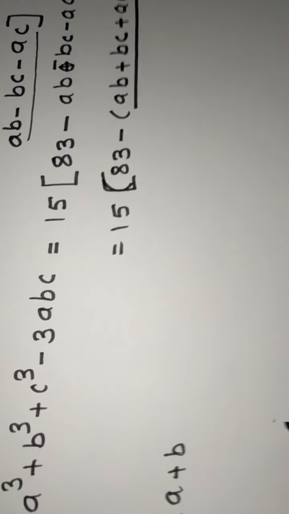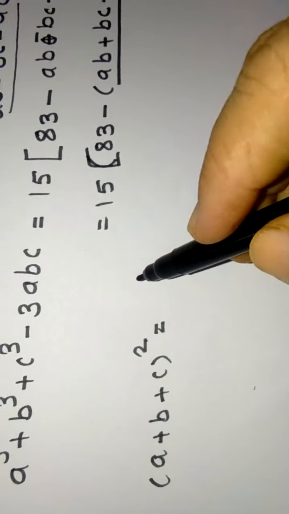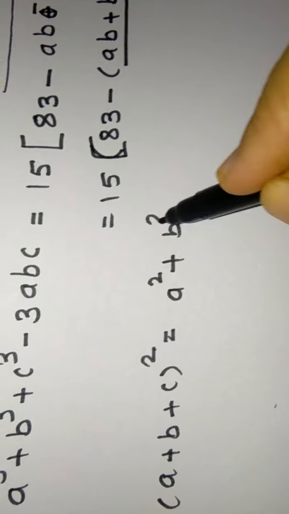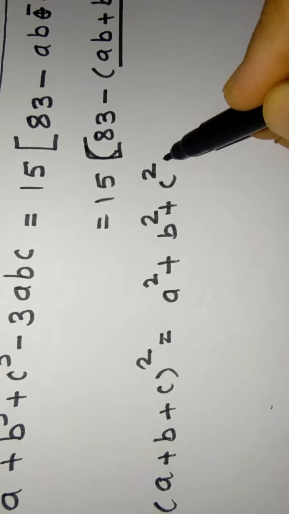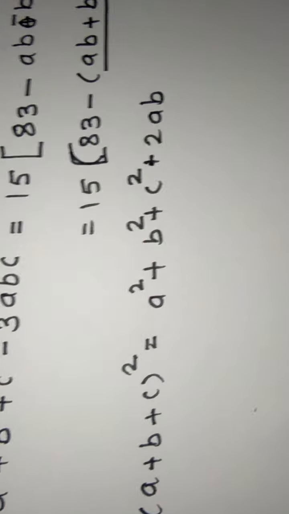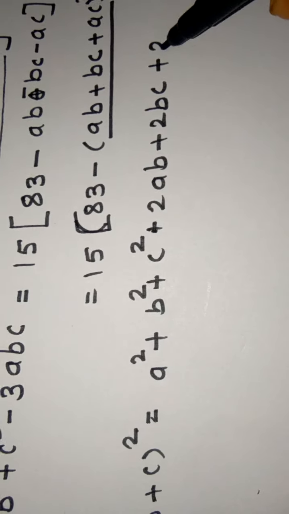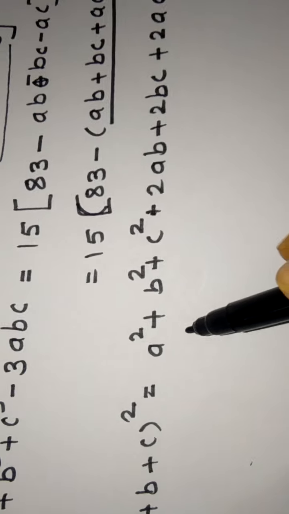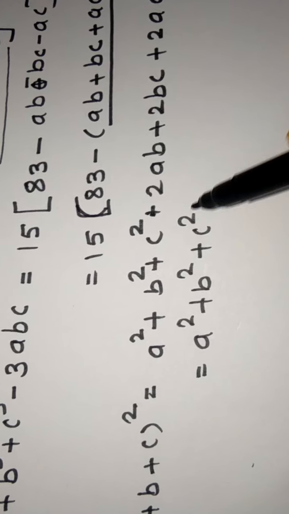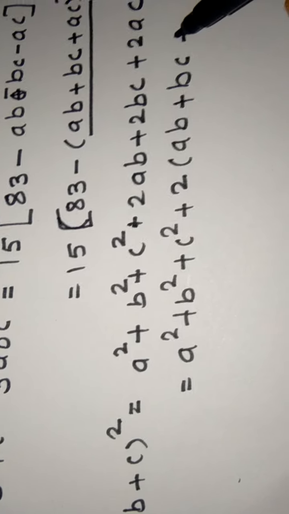We have the identity: a plus b plus c bracket square is equal to a square plus b square plus c square plus 2ab plus 2bc plus 2ac. From this, we can take 2 common: 2 into ab plus bc plus ac.